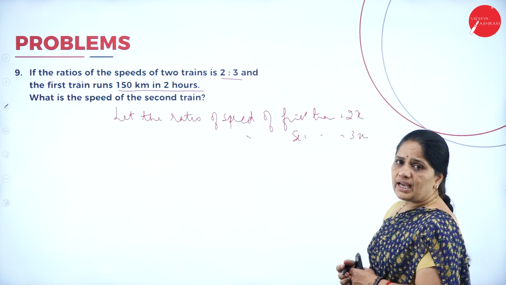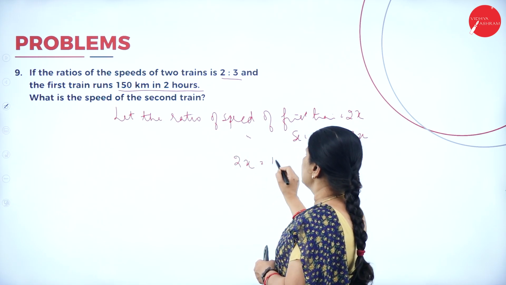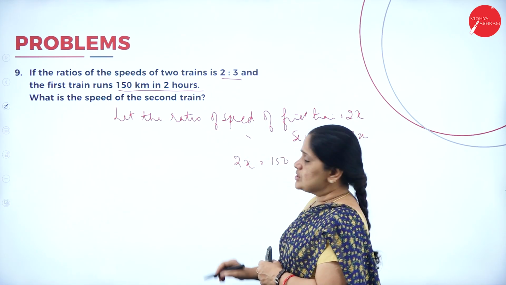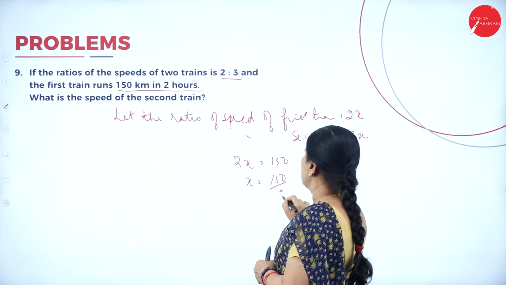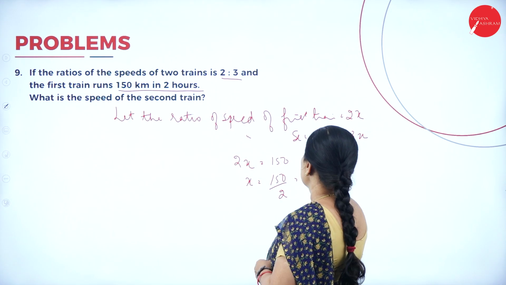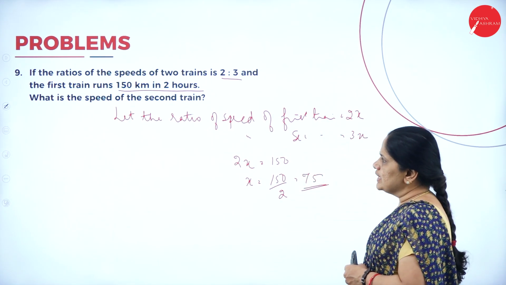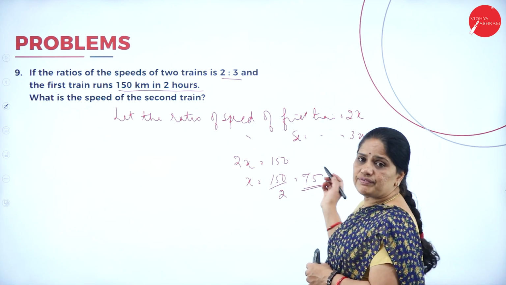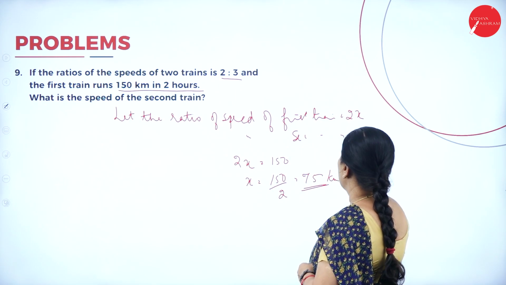Now what have they given? The speed of the first train, 2x, is 150. So 150 by 2, x equals 75. So the speed of the first train is 75 kilometers per hour.